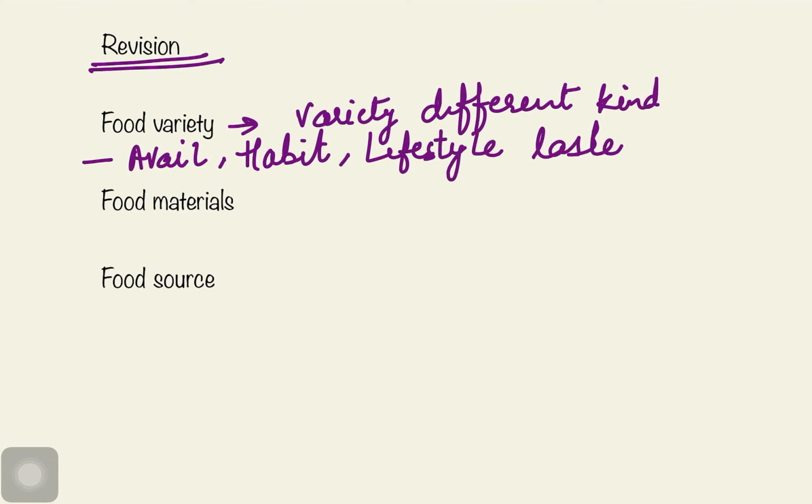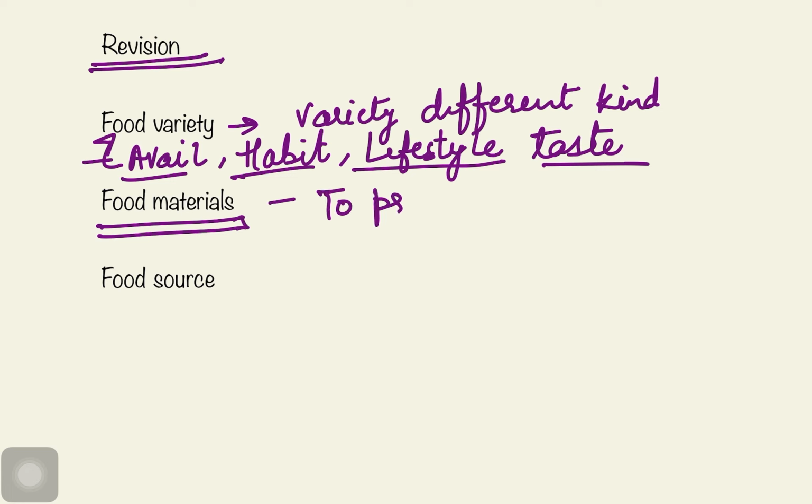So all these four factors contribute to the variety of food. Now food material. To prepare any food we need some ingredients, and those are called food material, or you can say food ingredients.